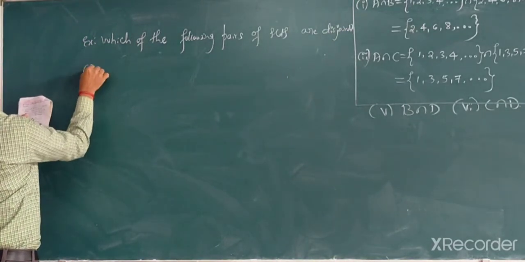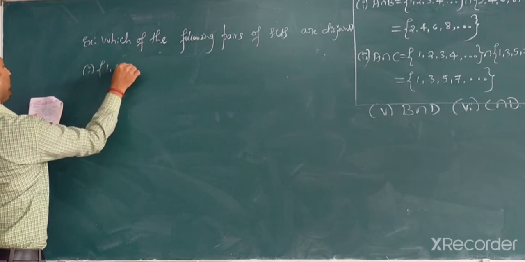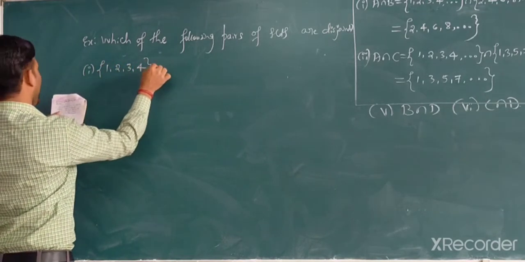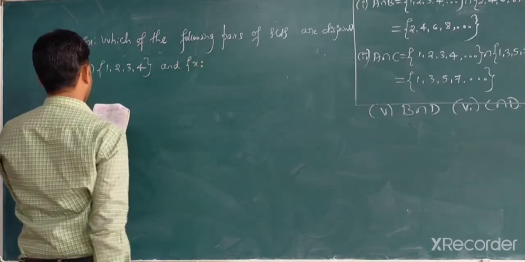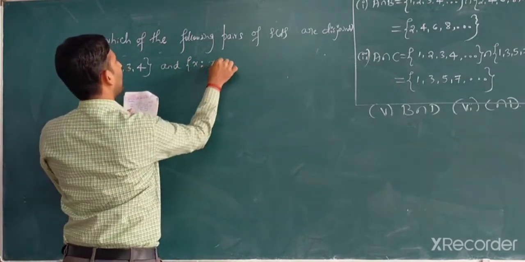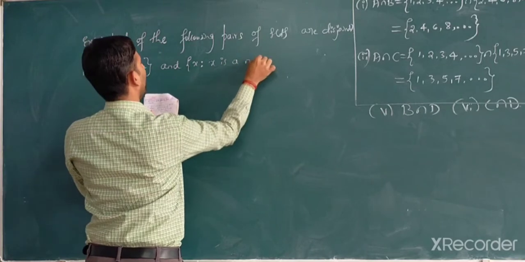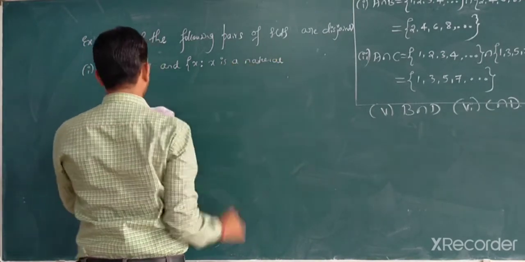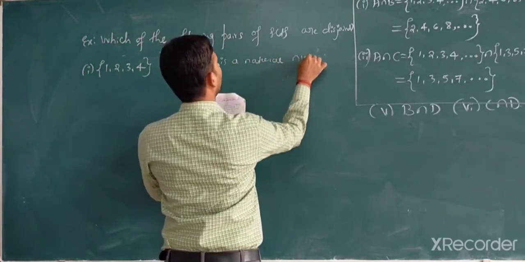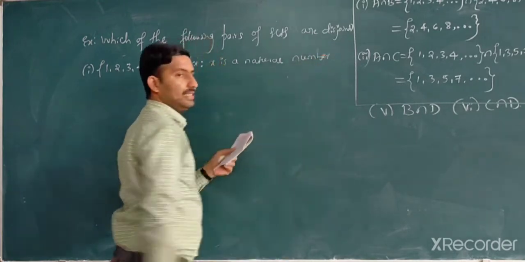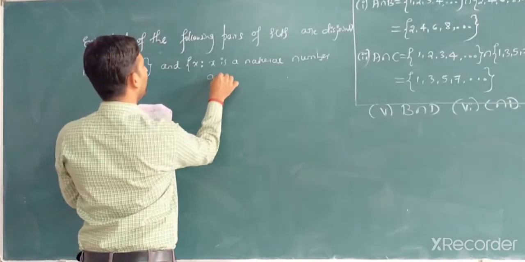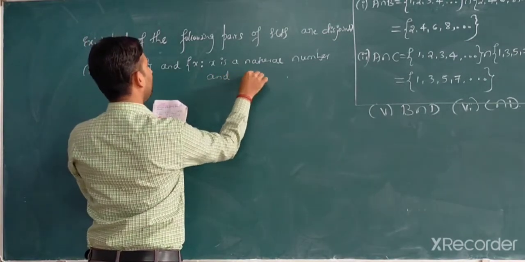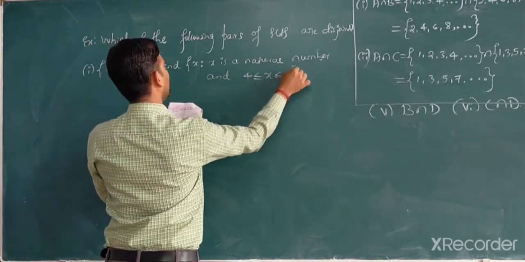First one: 1, 2, 3, 4 and x such that x is a natural number and 4 less than or equal to x less than or equal to 6.